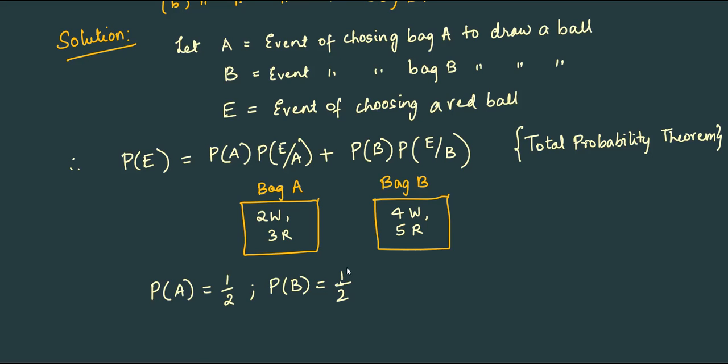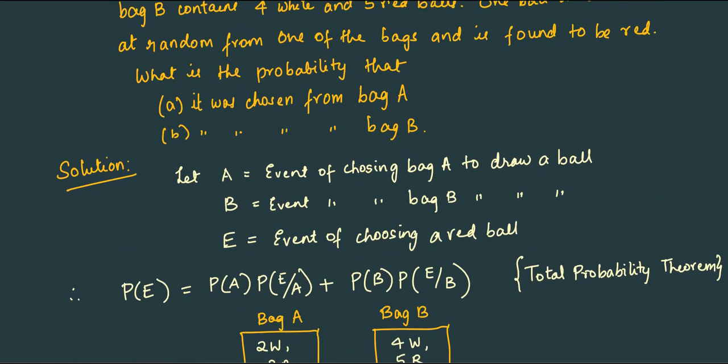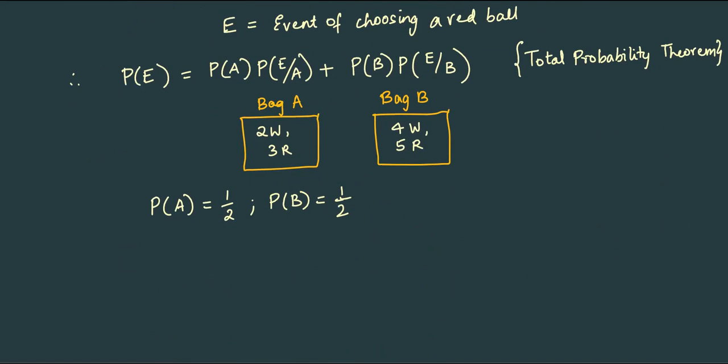Sometimes it may so happen in a problem that you can prefer bag A twice as compared to bag B. That means this will be 2 by 3, this will be 1 by 3 probability, if it is given like that. But in this question, nothing has been given. So we have to take this as equally likely.